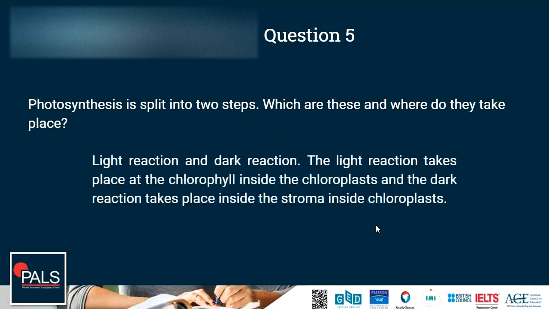The 2 steps are the light reaction and the dark reaction, or the light-independent reaction. The light reaction takes place at the chlorophyll inside the chloroplast, specifically inside the thylakoids, and the dark reaction takes place inside the stroma, inside the chloroplasts as well.